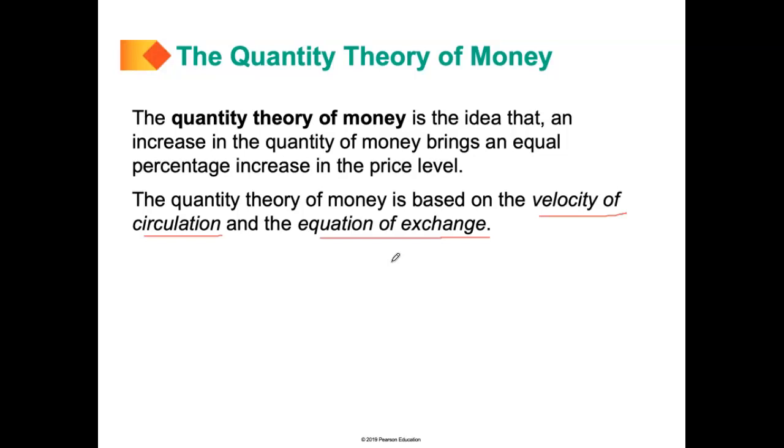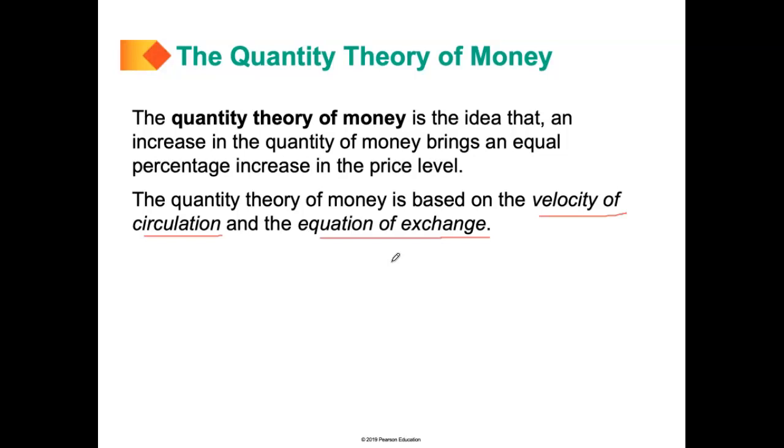If you take a dollar bill from your pocket or from wherever, how many times does that dollar bill travel around the economy in 1 year? You exchange the dollar bill for something and someone will use that dollar bill to exchange for something. How many times does it go to people within a year? How many people actually touch it? That is the velocity of circulation.